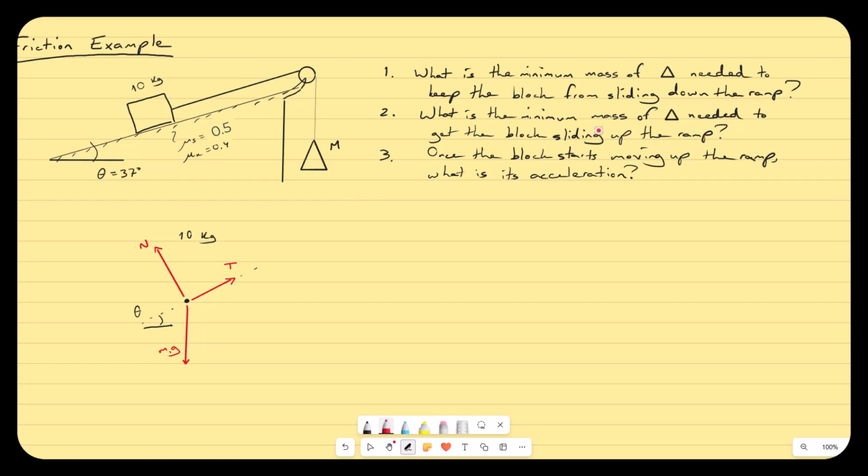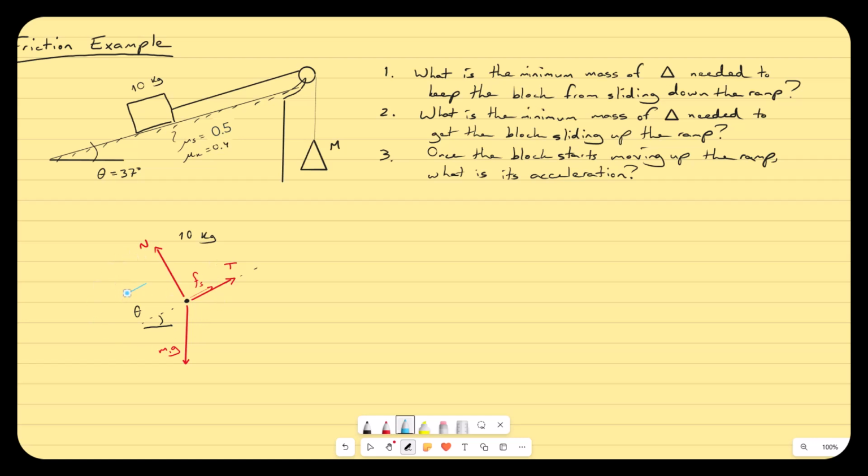Now the first question is, what's the minimum mass of the triangle needed to keep the block from sliding down the ramp? So the block wants to slide down the ramp, which means my static friction is going to have to go up the ramp. Okay, this is a problem where all my motion is along the ramp.